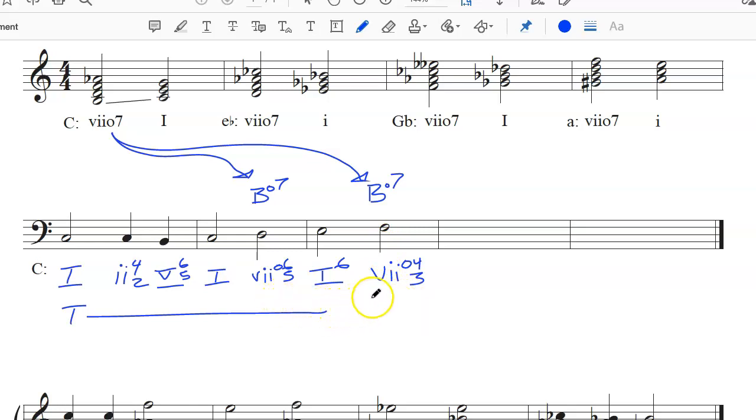But this time, I'm going to thwart the listener's expectation, and rather than going to the C chord that we did right here, I'm going to enharmonically reinterpret this B fully diminished 7th chord to be a different fully diminished 7th chord. I can take any one of the notes in this chord and pretend that that is the root. So I'm going to choose F as the root, and I'm going to interpret this as an F fully diminished 7th chord, unbeknownst to the listener.